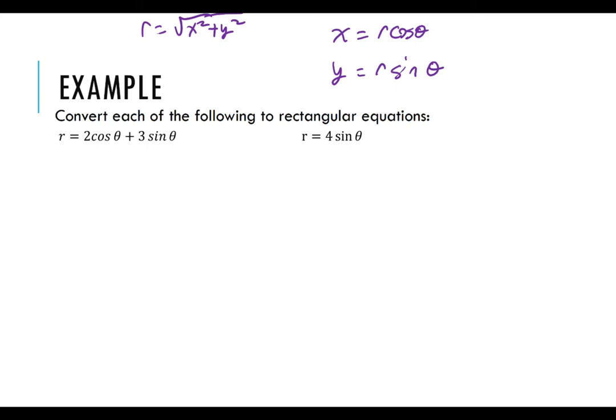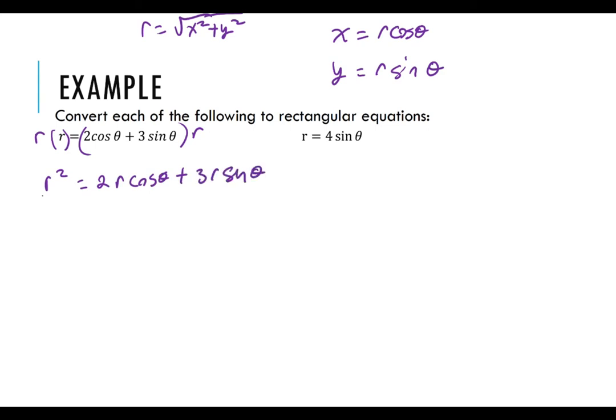And so for this first one, r is equal to 2 cosine theta plus 3 sine theta, recognize that I need to get rid of the r's and the thetas. But I also have this problem, and the problem is that I need r cosine theta and r sine theta to be able to do something. So what can we do? We can multiply both sides by r. We're just doing some algebra, and so then this becomes r squared is equal to 2r cosine theta plus 3r sine theta.